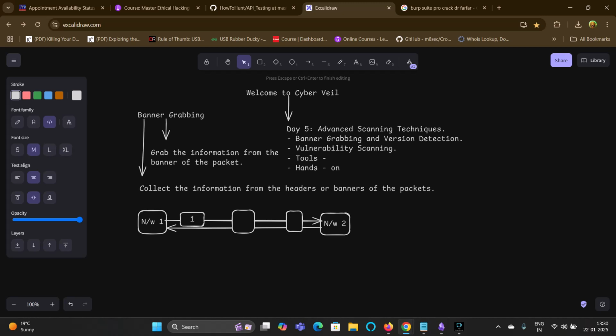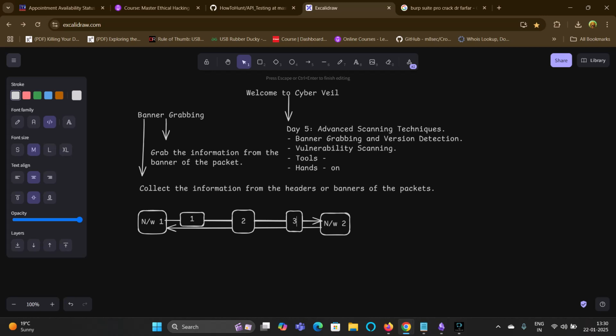Packet number 1, then packet number 2, then packet number 3. This is the process of transmitting data from one network to another, through the packets. These packets go one by one into the network.